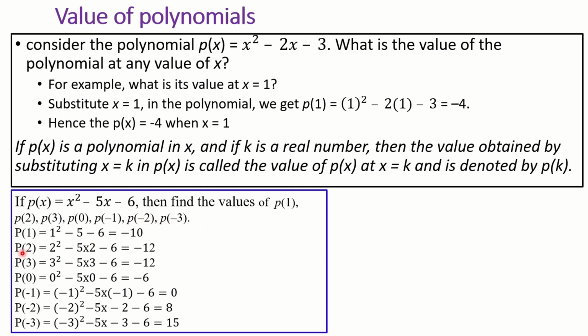I'll just take p of 3. p of 3 equals 3 square minus 5 into 3 minus 6, that is minus 12. So this is how you evaluate a polynomial for x values. You observe that at some values this polynomial becomes 0, correct? So note this down, we'll come to this point.